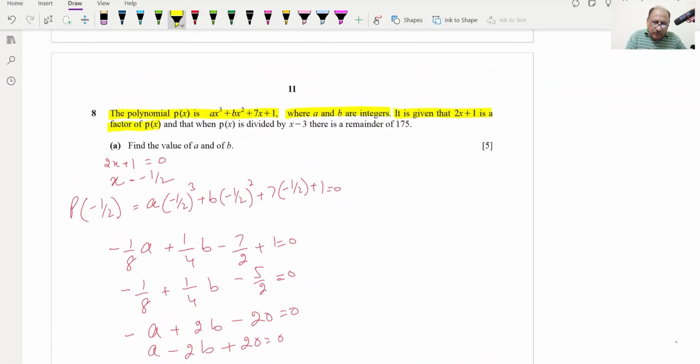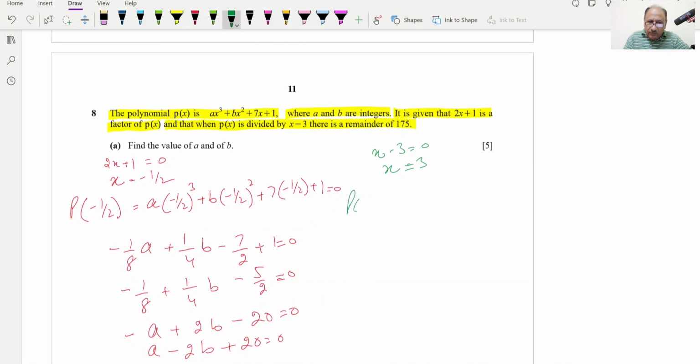If we go further, the question is saying that when p of x is divided by x minus 3, there is a remainder of 175. So now we can do the remainder portion. x minus 3 is equal to 0, which implies x will be equal to 3, and we can replace this in p of x.